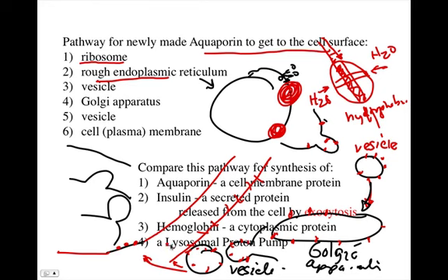Notice that when the vesicle fuses, in a process called exocytosis, it's like two membrane-bound regions fusing together. Let me draw this a little bit more.